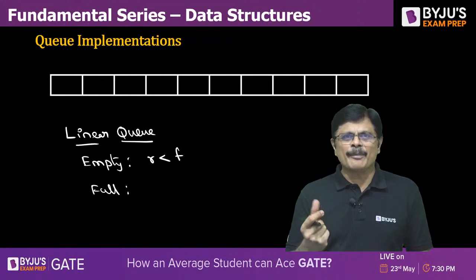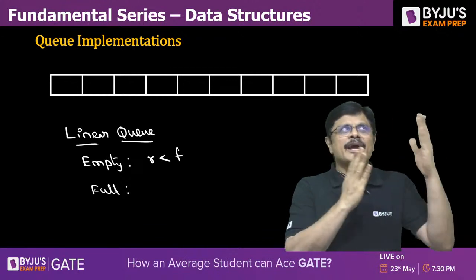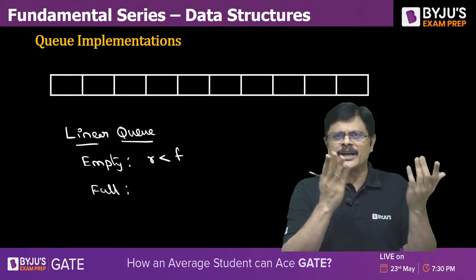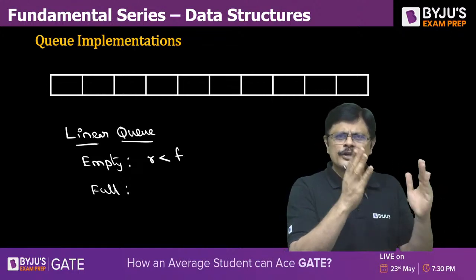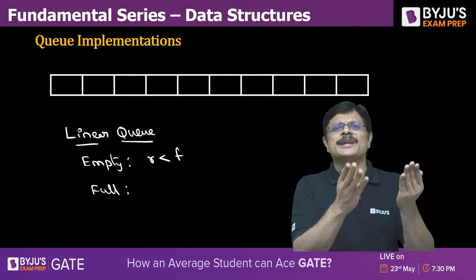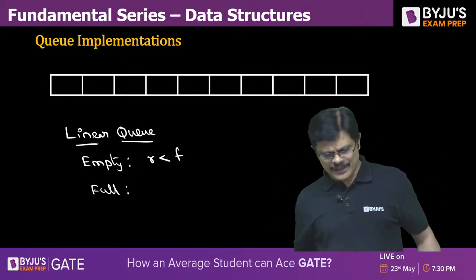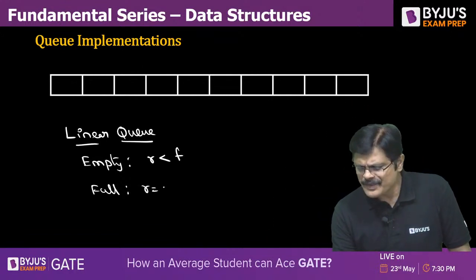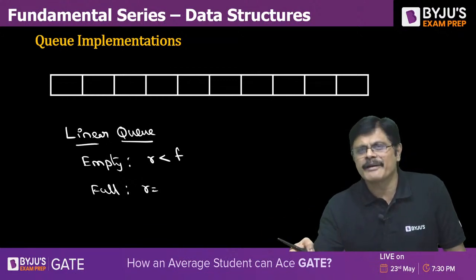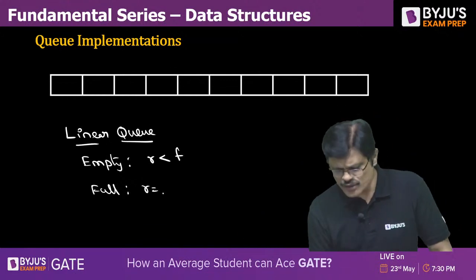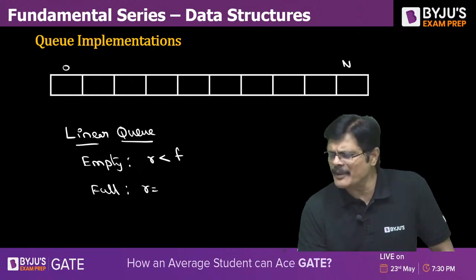Otherwise, every time you have to think about where to keep rear and where to keep front. If you remember at least that, you know the rule: rear must be less than front for empty. And the full condition is, whatever the last element is, that is the Q full condition: rear reaching the last position. In my case, the indices are 0 to n minus 1.